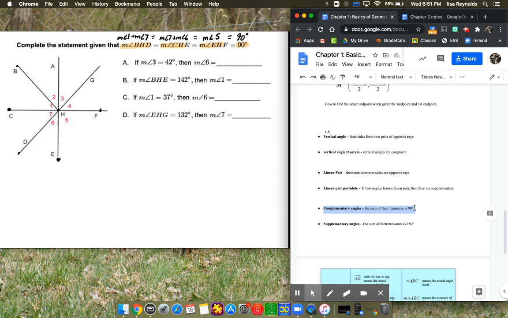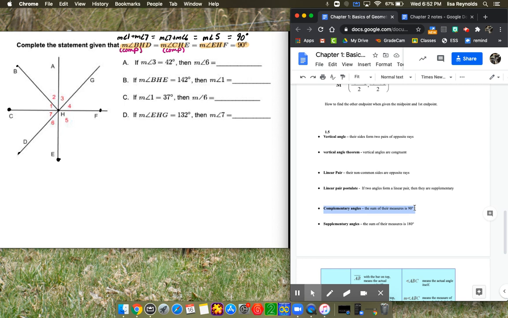So we're going to have a set of complementary angles with 1 and 7, and we're going to have a set of complementary angles with 7 and 6. So that is actually going to be needed to help us out with this. So we have several angles that are 90 degrees, and we're going to use that given information as we go through our calculations.